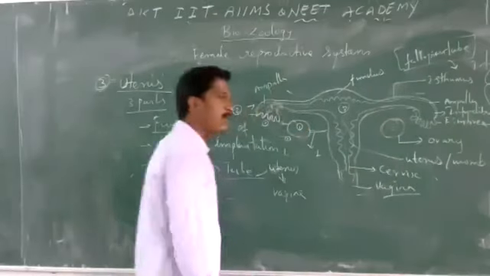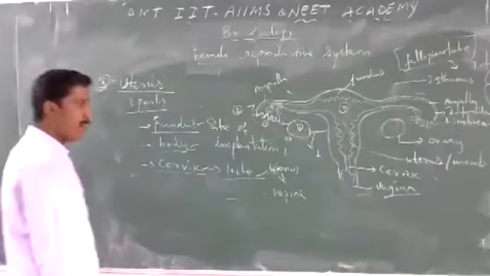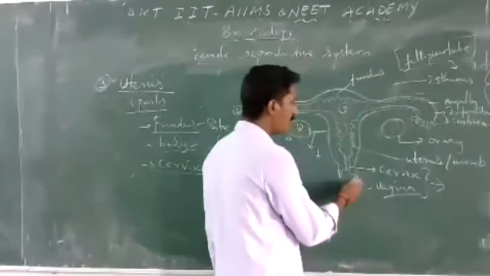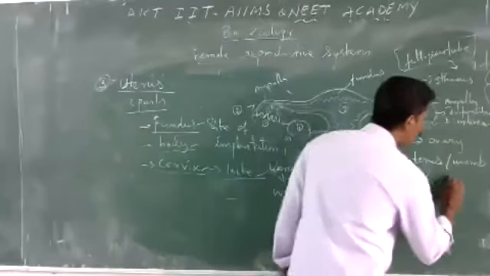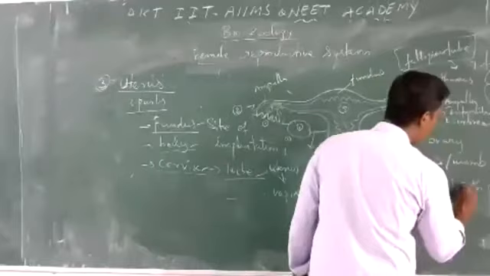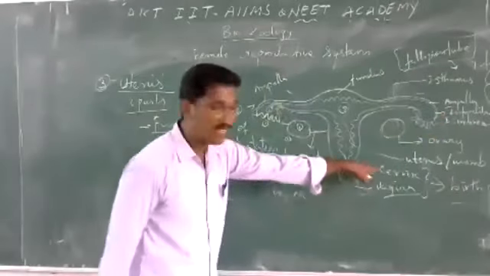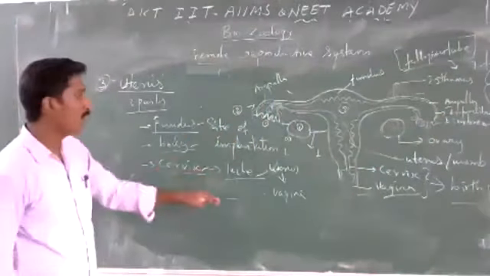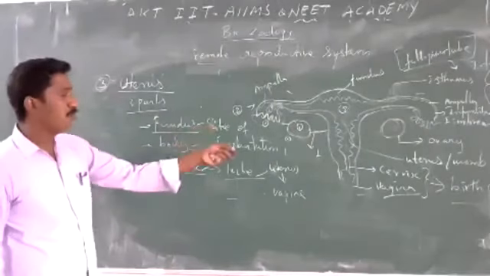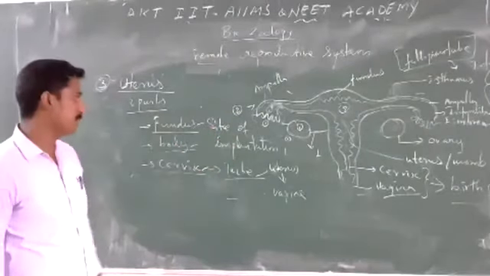It looks like a canal-like structure. I already mentioned that the cervix and vagina, both canals, combine together to form the birth canal, used for parturition, childbirth.